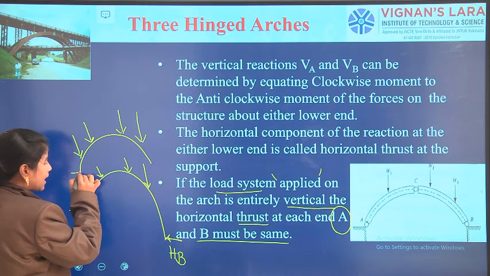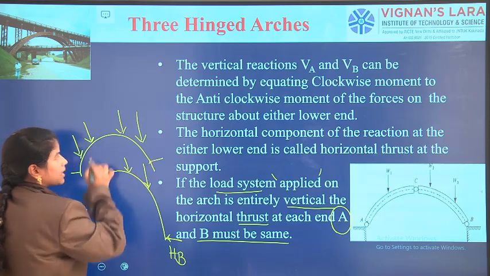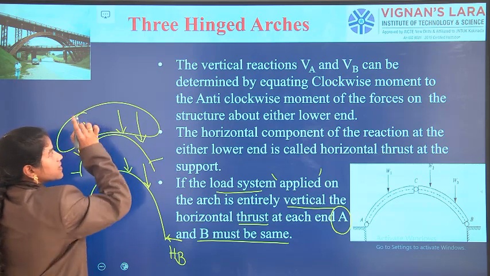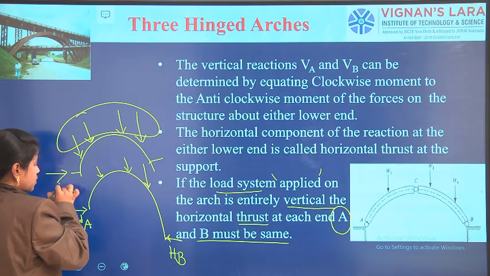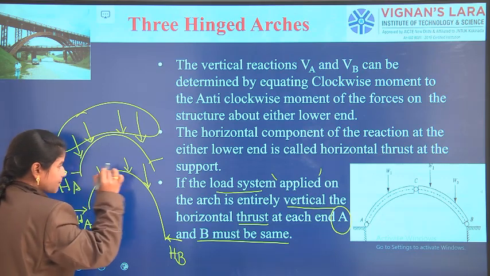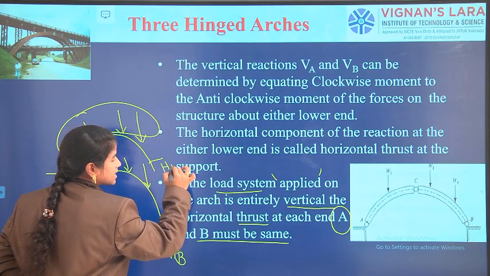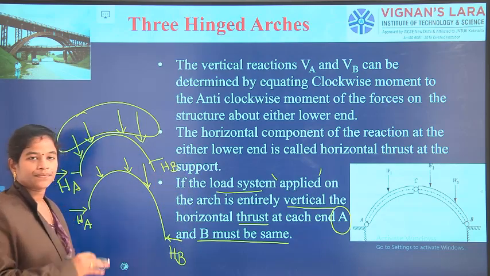If A and B are at the same level and the loading system is vertical only, with no horizontal load, again the horizontal reaction at A and at B are the same, right?